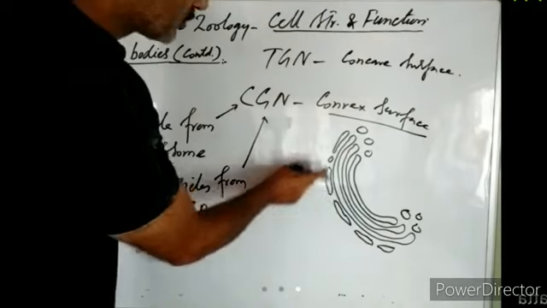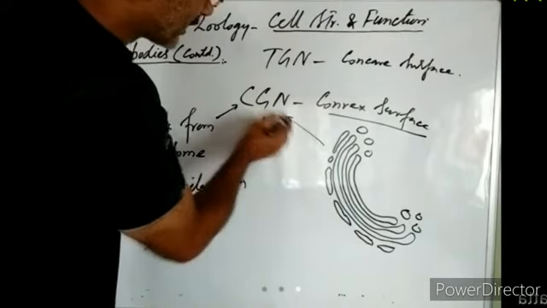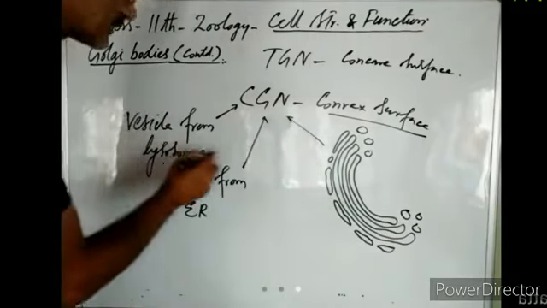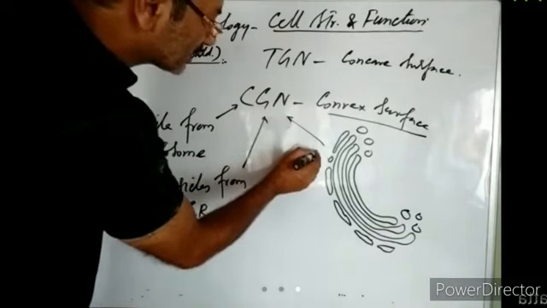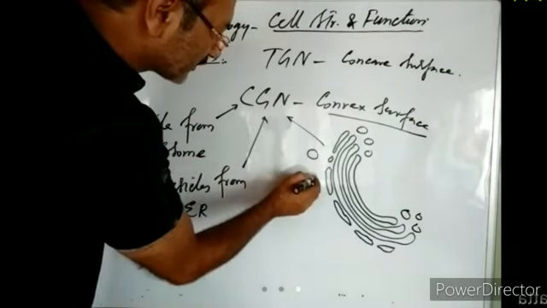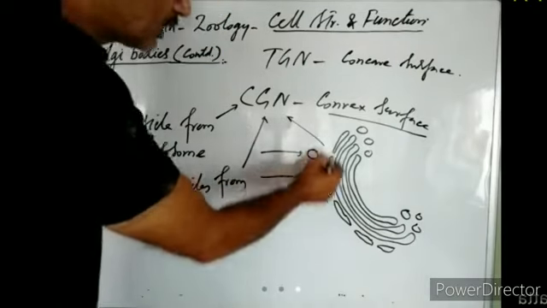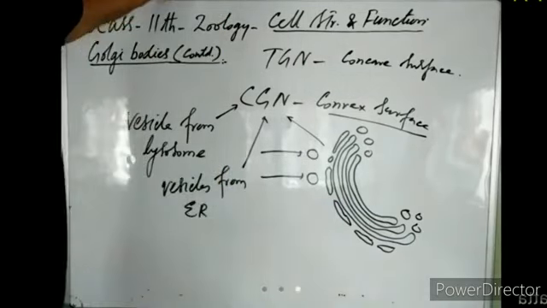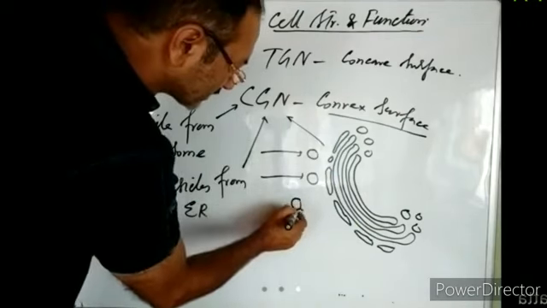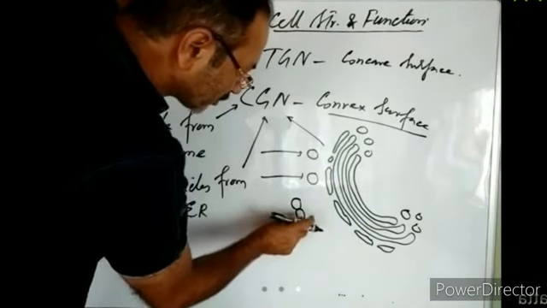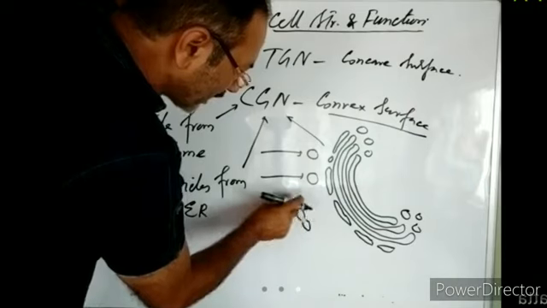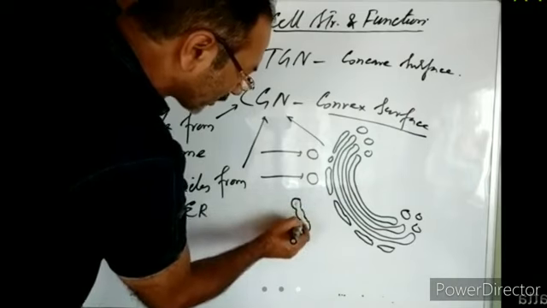This is the cis face, or we call it the cisternal Golgi network. On this side, vesicles from lysosomes and vesicles from the endoplasmic reticulum join and form the cistern. When one vesicle joins with another vesicle, and another, these vesicles fuse together and form the cisternae of the Golgi body.